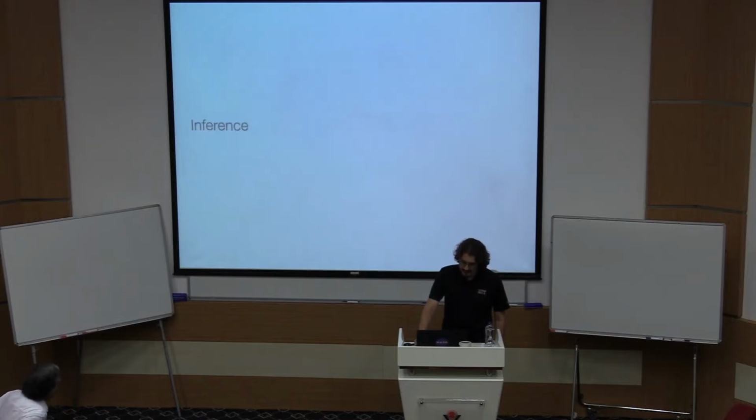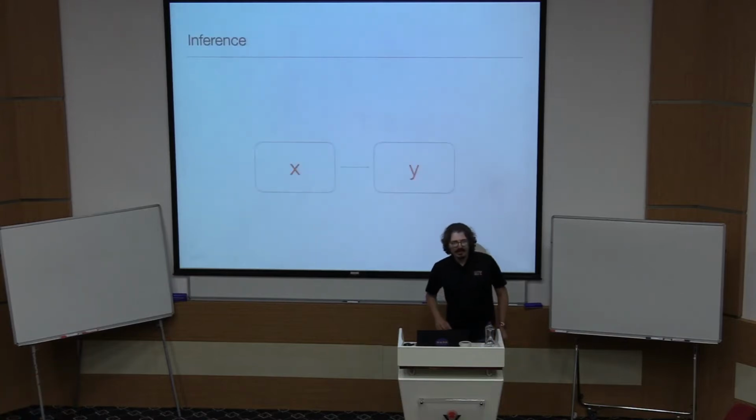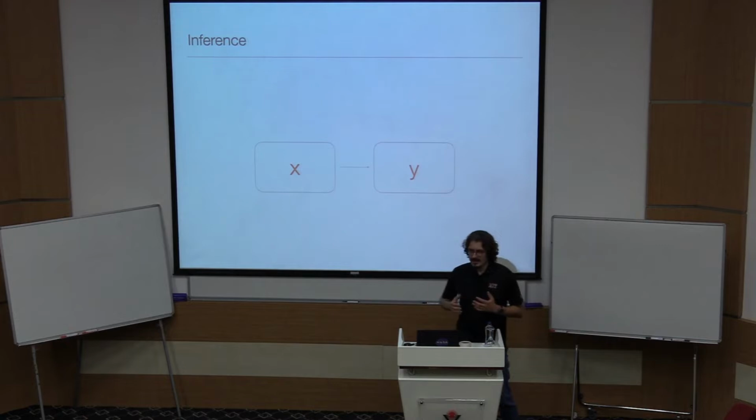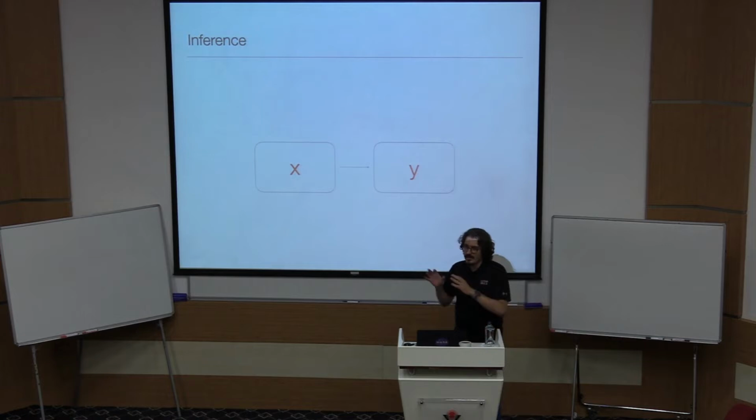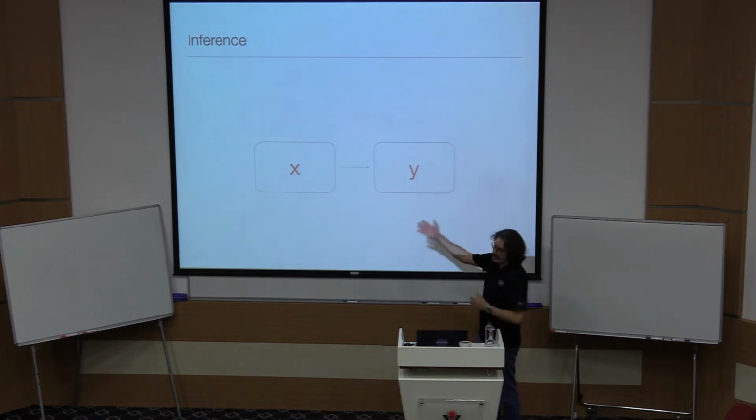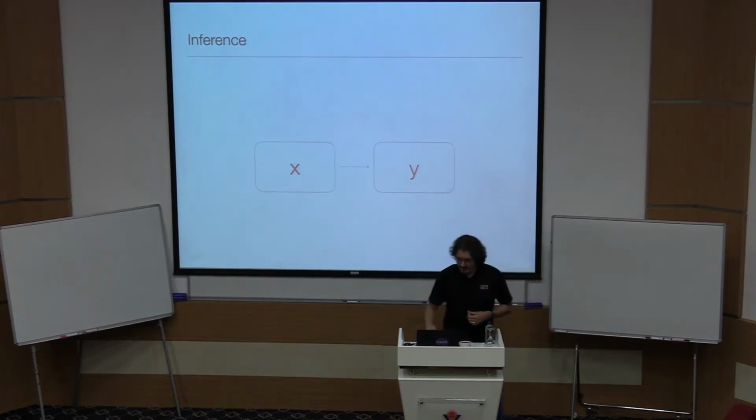So I will start with inference now. When I say inference, I think most of you will think about just mapping basically some quantity to some other quantity. So essentially, if I give you x and tell you a mapping, then you can so-called infer y based on x via some transformation.